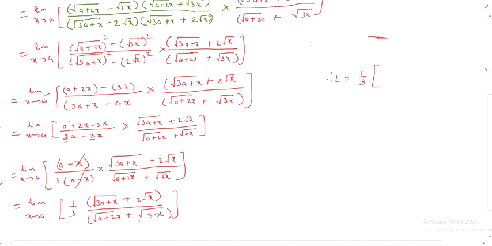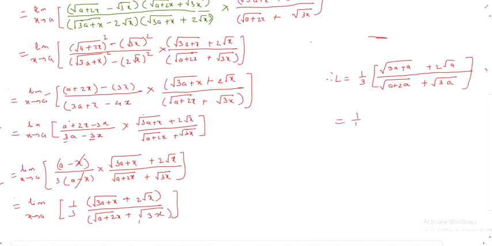Now inside the bracket, in the square root, wherever x is there, substitute its value as a: root 3a plus a, that is 4a, plus 2 root a, by, in the denominator, root a plus 2 into a plus root 3 into a.